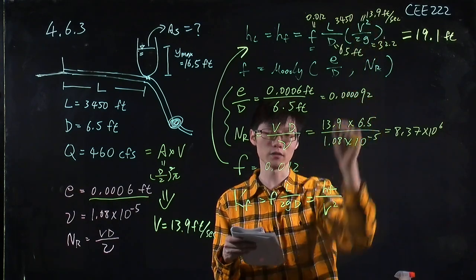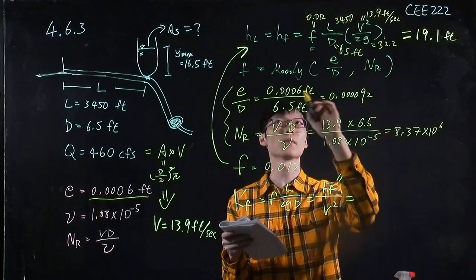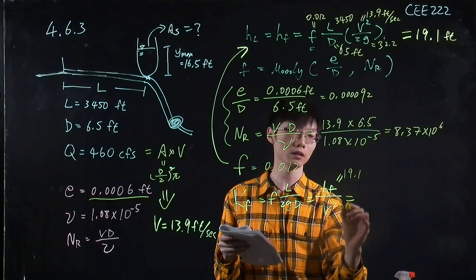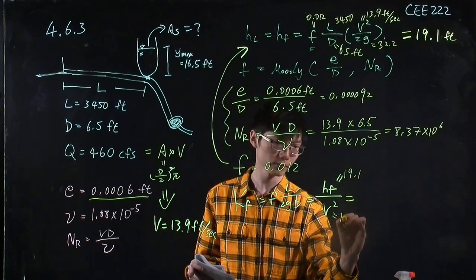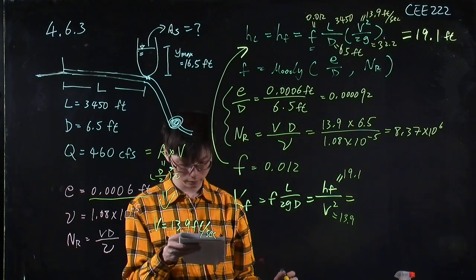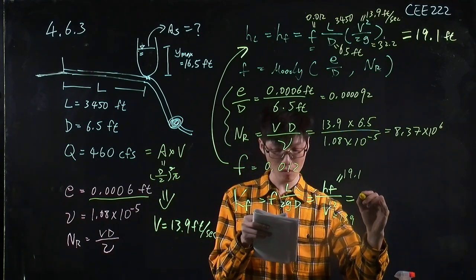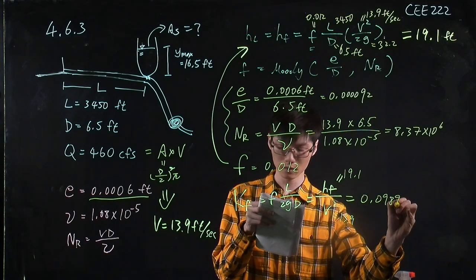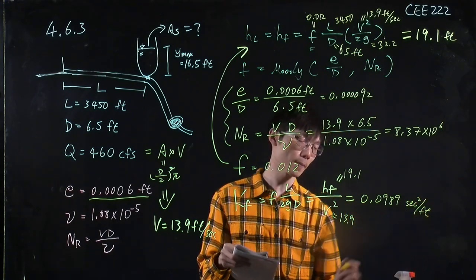Basically take this velocity out, and then you get this coefficient. HF we just calculated is equal to 19.1, and the velocity is 13.9. So you can easily get this Kf, the friction factor for the pipeline, which is equal to 0.0989 seconds squared per foot.